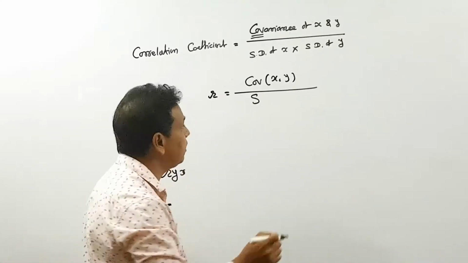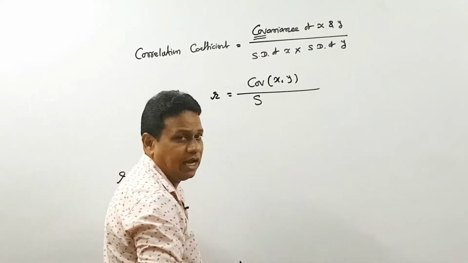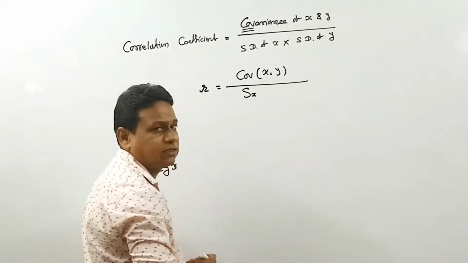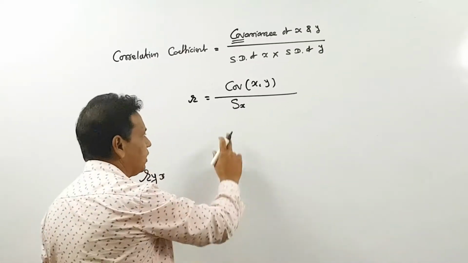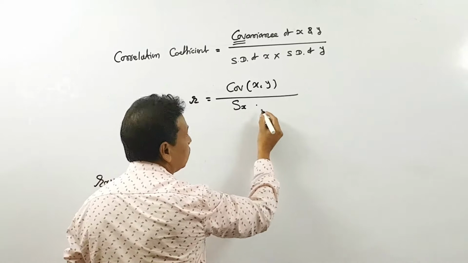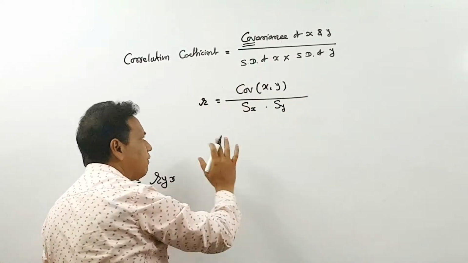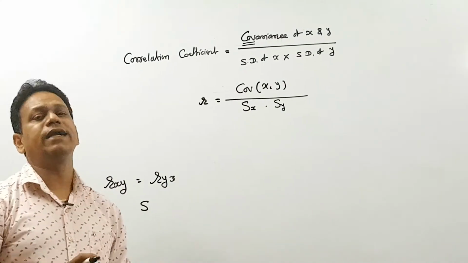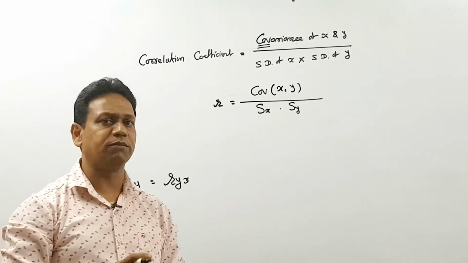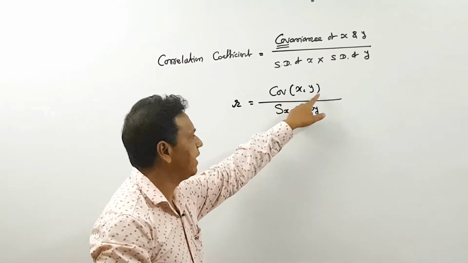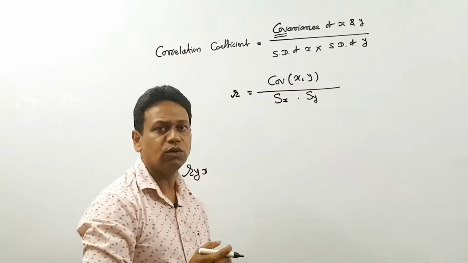But for the standard deviation of x, I write a small letter x next to s as a suffix, read out as sx, into the standard deviation of variable y, sy. This is the very simple formula to find the correlation coefficient between two variables. So r is equal to covariance of xy divided by sx into sy.